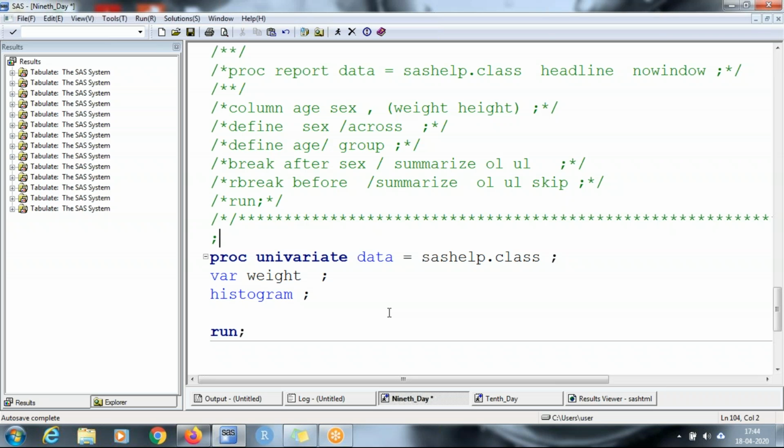Yes, the first one is summarizing. And what do you mean by giving patterns? Between the variables, so there is only one variable.